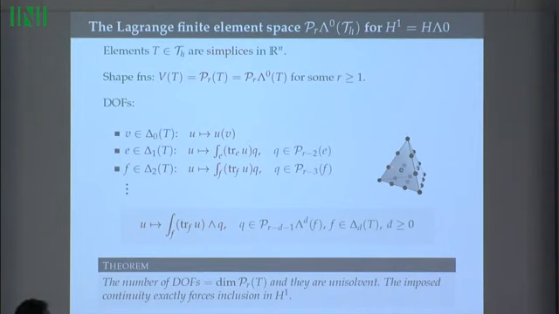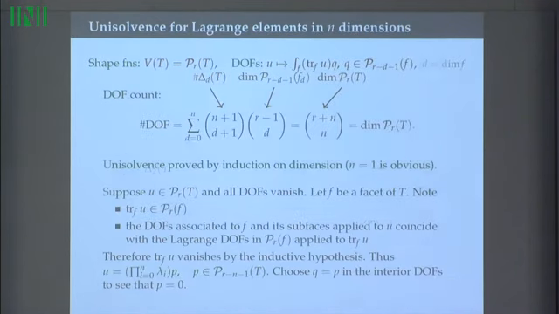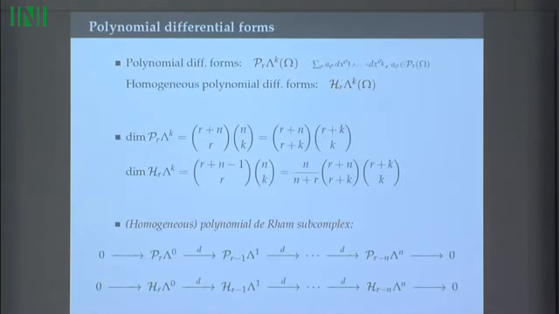And if all the degrees of freedom vanish, then the function vanishes, so we have unisolvence. And you prove that single-valuedness of these degrees of freedom is equivalent to insisting that the function be continuous, which is equivalent to assuming the function be in H1. Okay, that's Lagrange elements in a word. And that's the proof of unisolvence and the proof that the numbers add up, and I'm going to skip that.